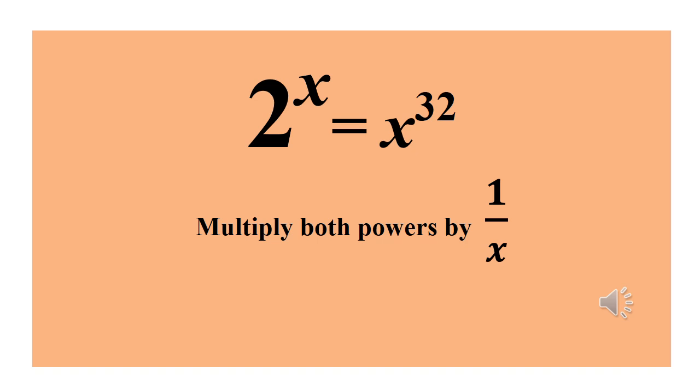So the first thing we are going to do is to multiply both exponents by 1 over x. So we multiply 2 raised to power x by 1 over x and x raised to power 32 by 1 over x. This is to eliminate the power x at the left side of the equal sign.